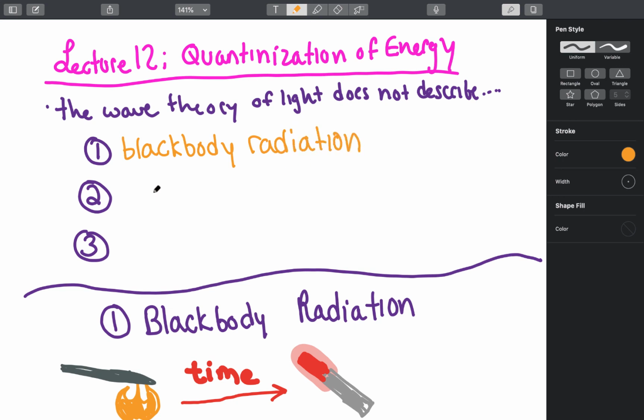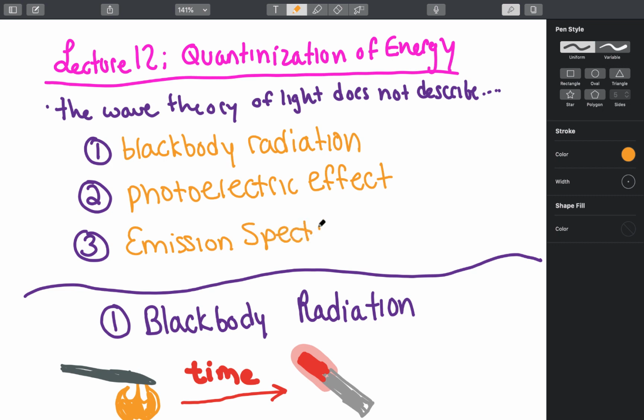The second thing that it doesn't describe is the photoelectric effect.